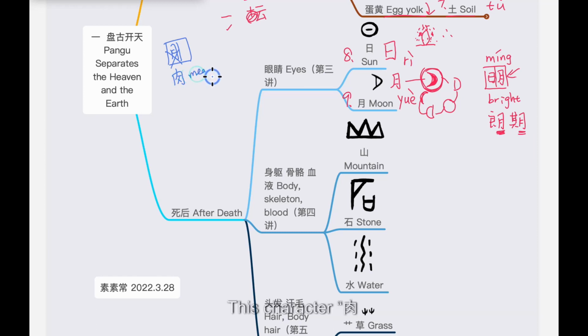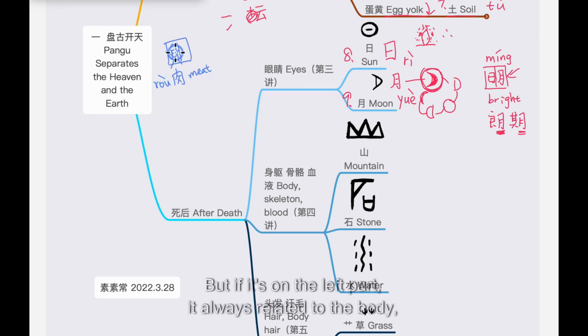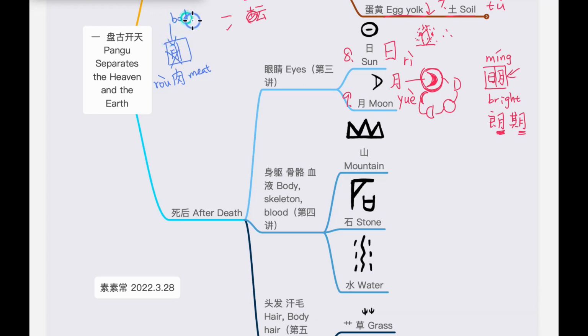This character is 肉. 肉 means meat. But if it's on the left part, it is always related to the body. Like when you're telling different body parts, you always see this 月 on the left. But remember, if it's the real moon, a curve like this, it needs to be on the right side.